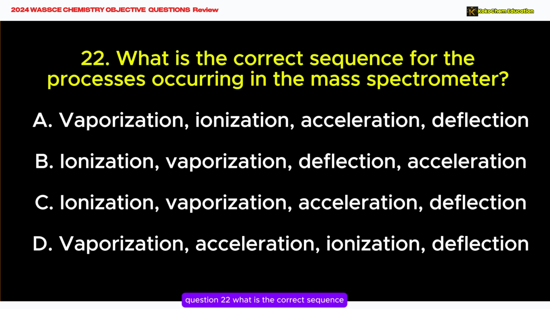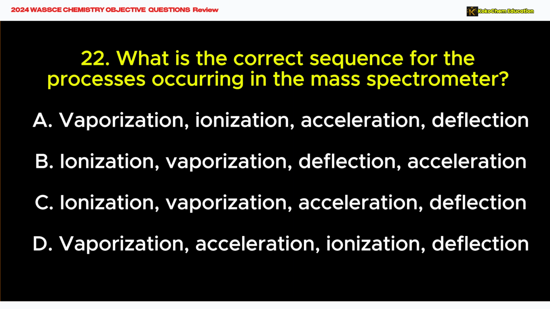Question 22. What is the correct sequence for the processes occurring in the mass spectrometer? A. Vaporization, ionization, acceleration, deflection. B. Ionization, vaporization, deflection, acceleration. C. Ionization, vaporization, acceleration, deflection.